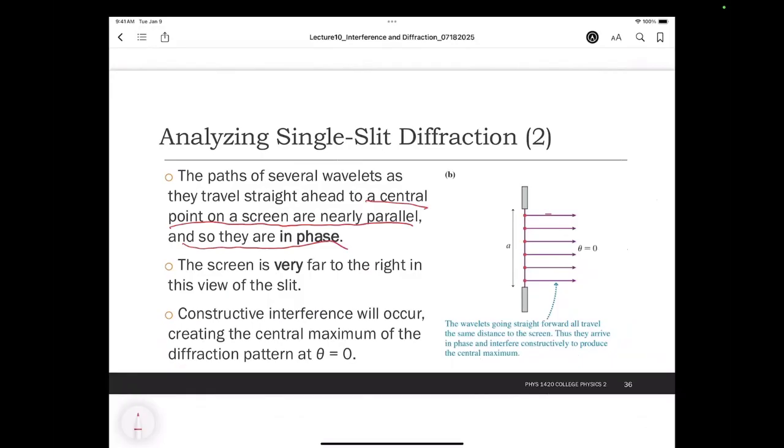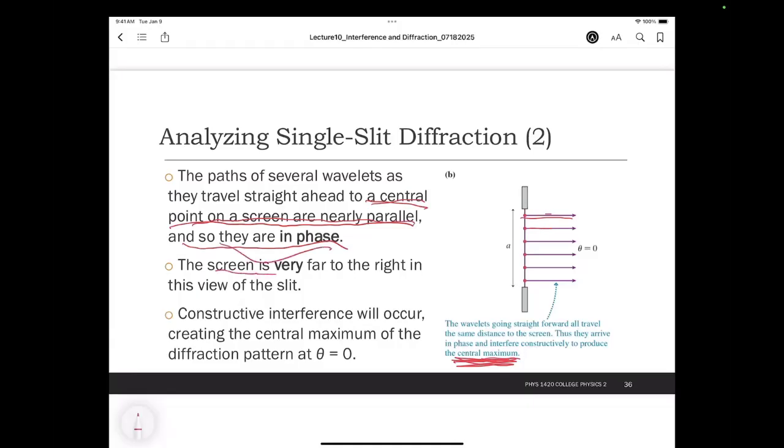Thus, they arrive in phase and interfere constructively to produce the central maximum. That's the reason why there is a big central maximum.